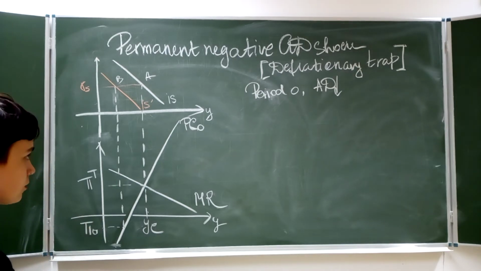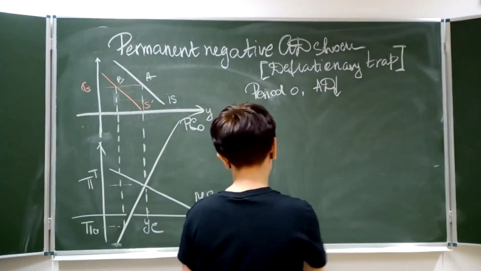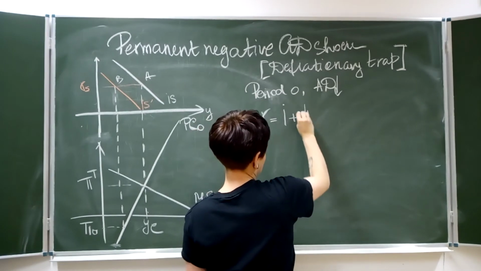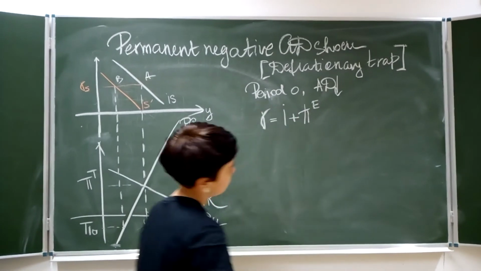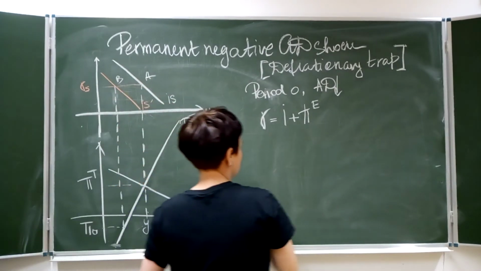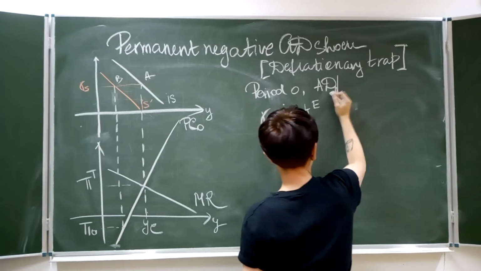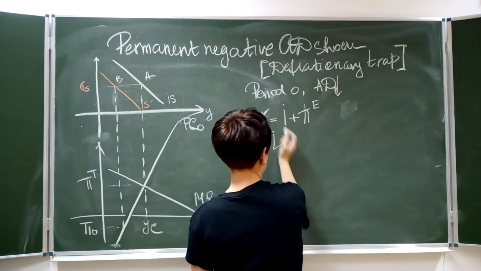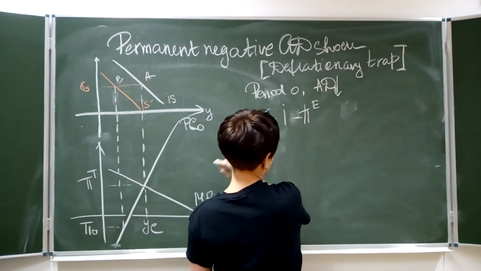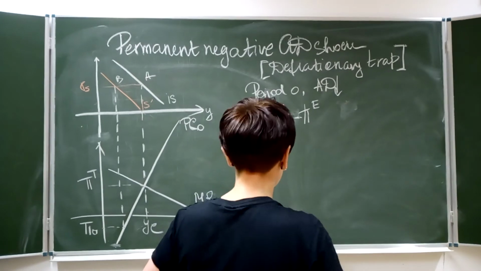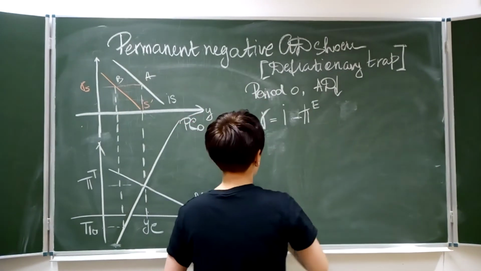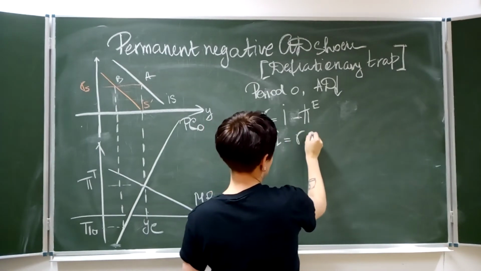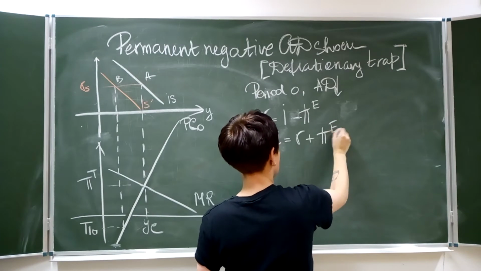As you remember from the Fisher equation, the real interest rate is equal to the nominal interest rate minus expected inflation, with some approximation. So from this you can express the nominal interest rate as the real interest rate plus the expected rate of inflation.